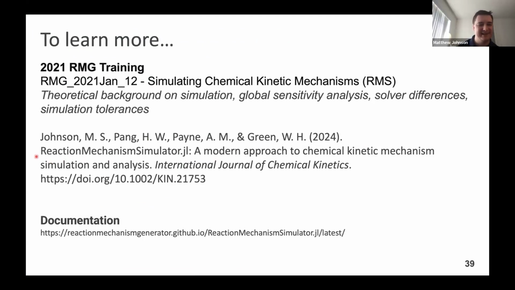Nominally, a lot of this is in the RMS paper. There's also the transitory sensitivity paper that isn't here. And then the documentation for RMS is available online. Any last questions before we close this session out?